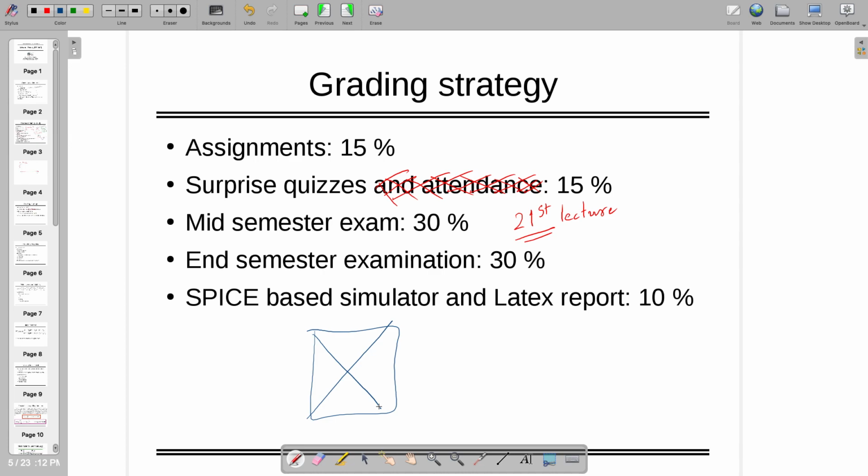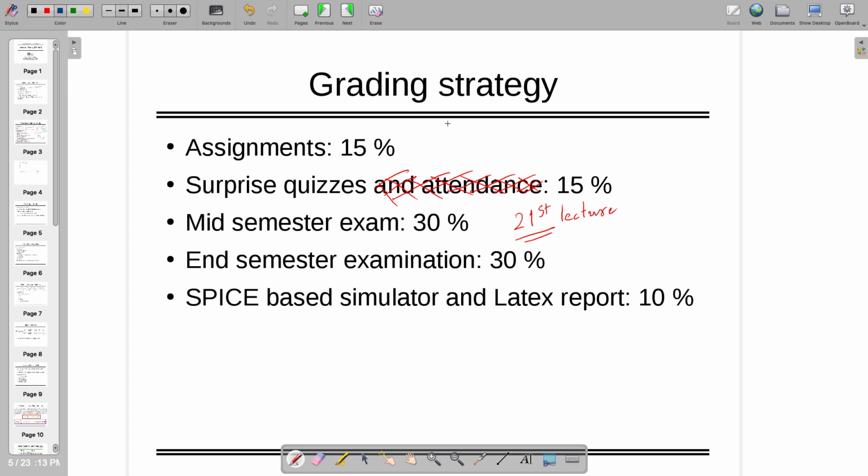So do not make this cross. I'm going to evaluate what you are doing. Even your rough pages I'm going to check. I'll give marks if you are doing correct, but if you don't do correct, I'll not give any marks. It's evenly distributed to all. If I'm giving marks to someone, I'm going to give marks to everyone.